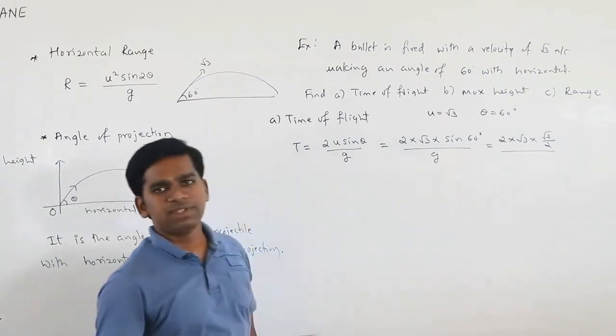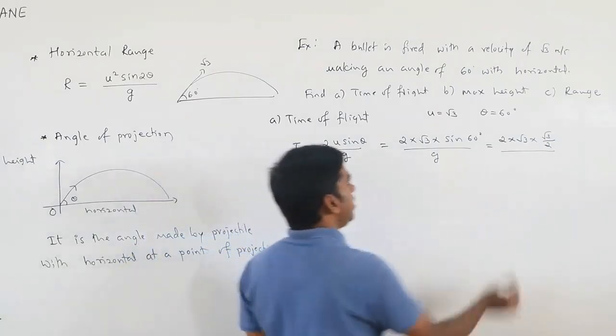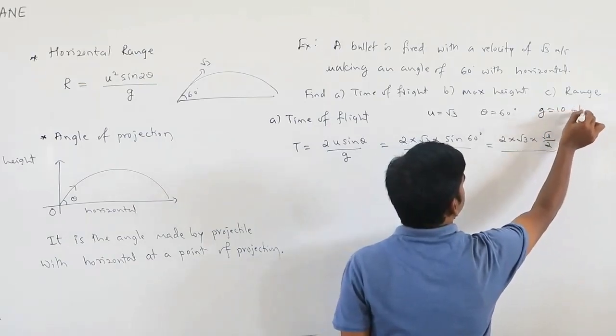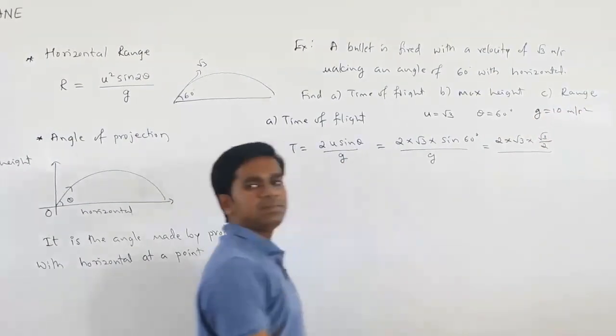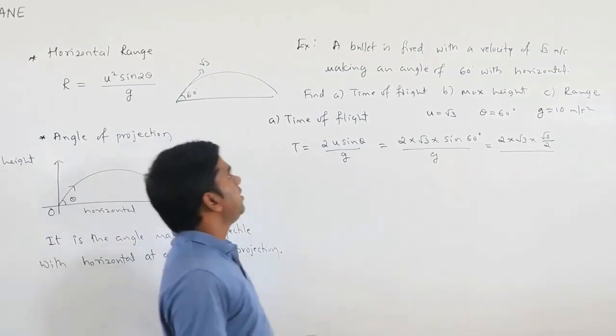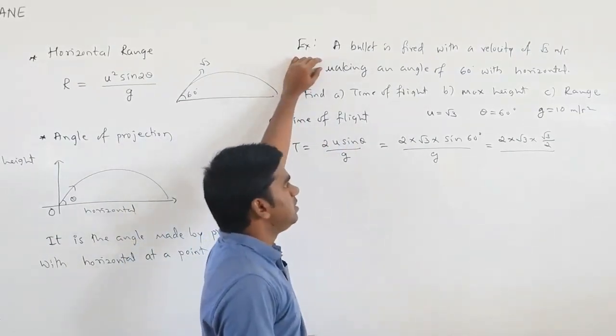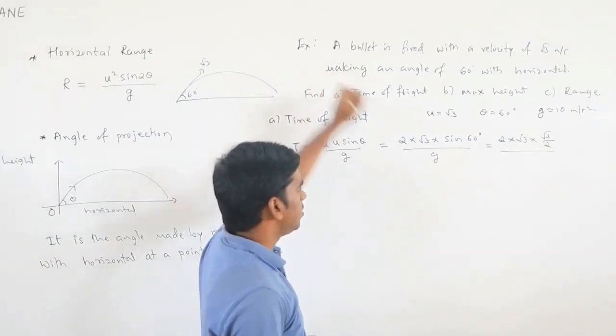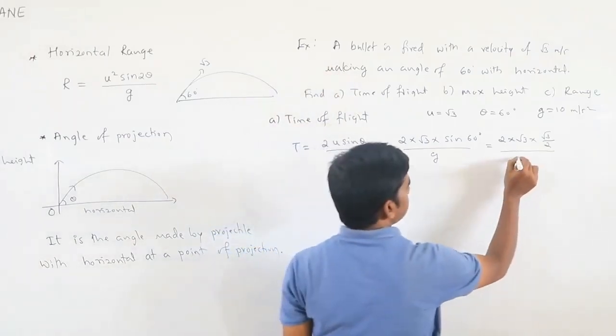Usually the value of g is 9.8, but let me take g equals to 10 just for our calculation purpose, 10 meter per second square. If in the question they mention g equals to 9.8, you take it as 9.8, otherwise you can take 10. So g I will take as 10.